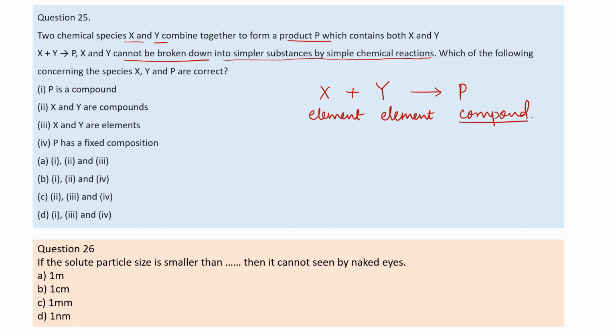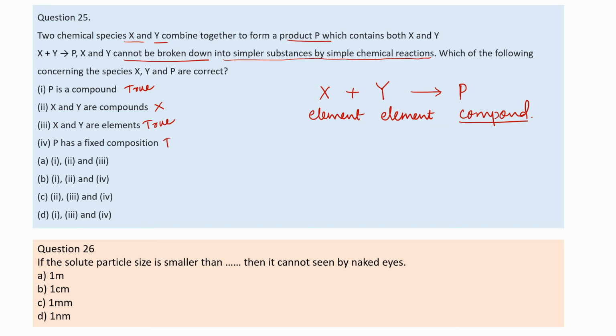Now let us check which statements are true for this reaction. P is a compound. Yes, it is true that P is a compound. X and Y are compounds. This is not true, because here we have seen that they both are elements and we cannot break them down further. X and Y are elements. Yes, this is true. P has a fixed composition.